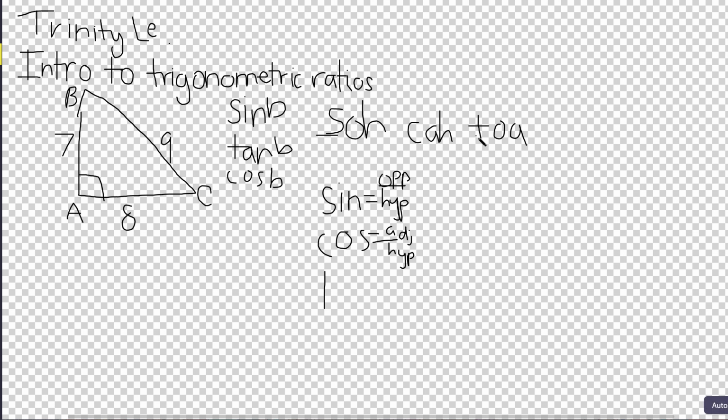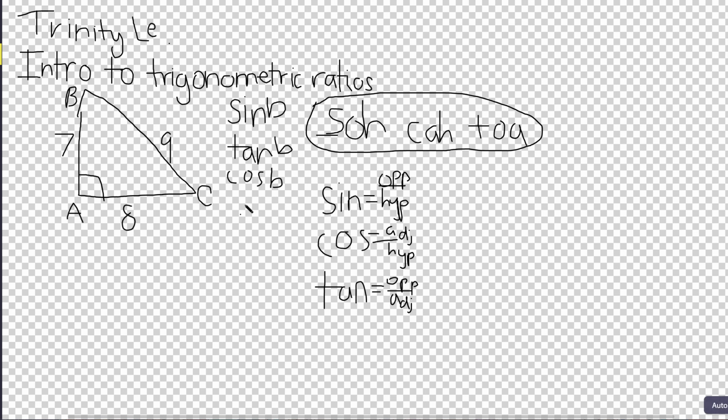And TOA, which would be T for tangent, over O, which would be opposite, over adjacent. A is for adjacent. That's how you figure out what you need to divide by. SOHCAHTOA. This is the phrase.